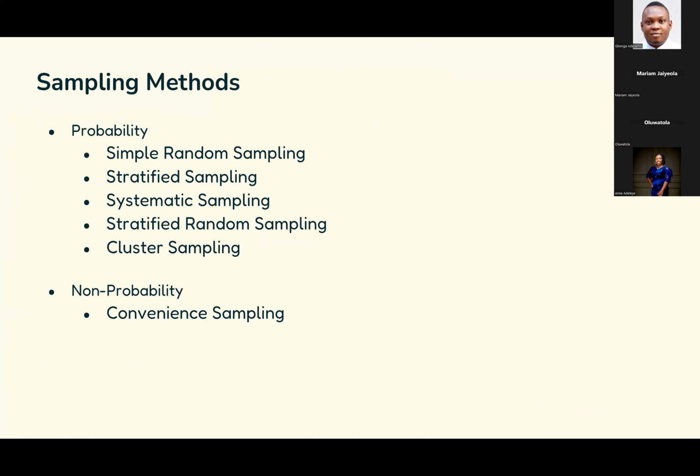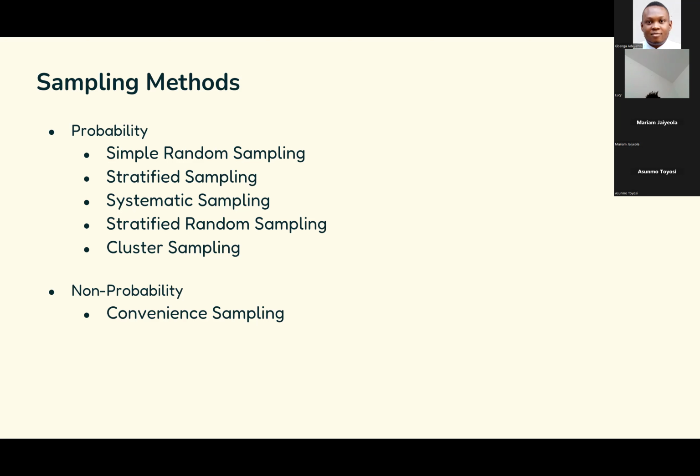So probability sampling methods mean the method you use to take your sample gives an equal chance to everybody. It's not like you're choosing this or not choosing this. Everybody in the population has a chance of being included in your sample. So we have different kinds of probability sampling methods. We have simple random sampling.